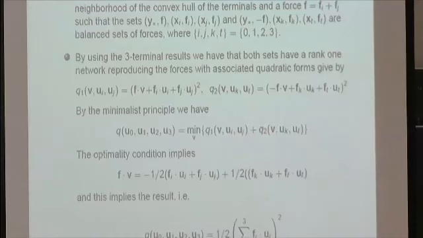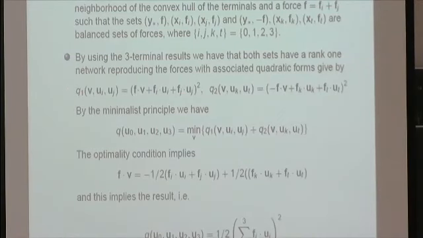In our case, F0, F1, F2, F3. I know that because these are balanced systems of forces, the first triplet and the second triplet are balanced, then looking at the three-terminal case, which we proved previously, they admit a rank 1 network achieving forces proportional to their forces. Then there are two rank 1 networks achieving the actual responses.